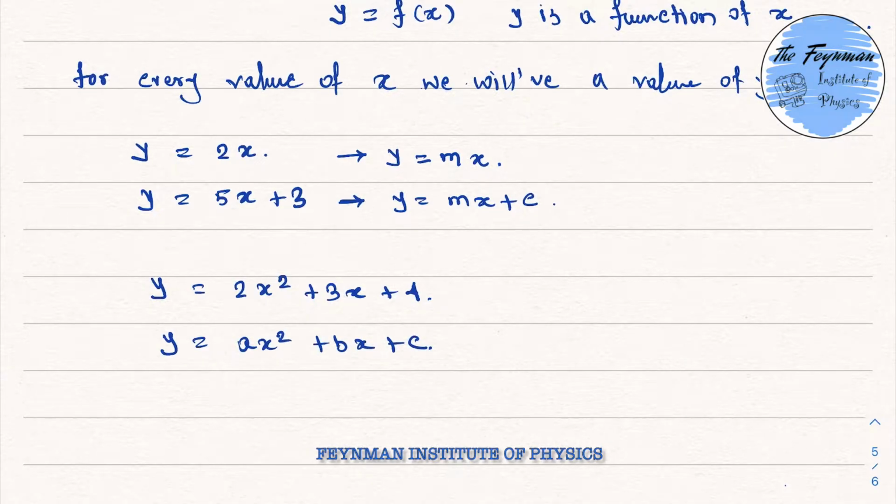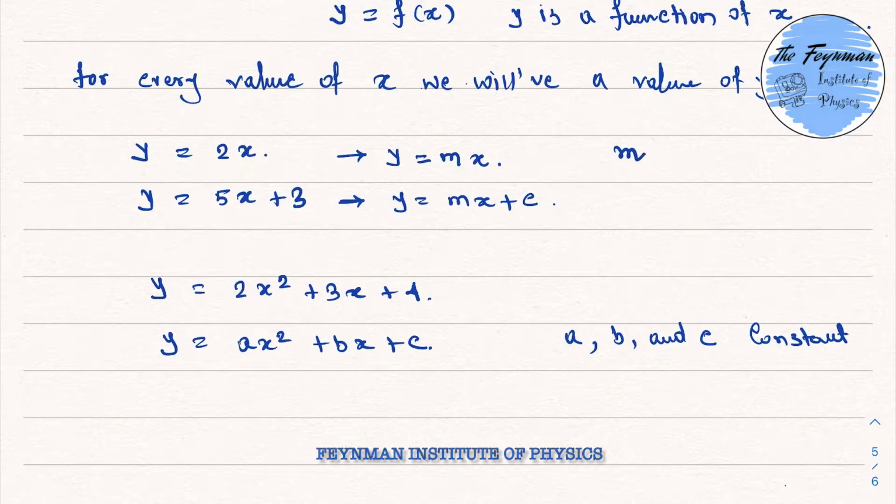So in both of these two equations we can find that this m and a, b, and c are nothing but constant. So it can take any value, like in the previous equation y is equal to mx, we can see that here m is equal to 2, and on the second equation we can see that the m is equal to 5.